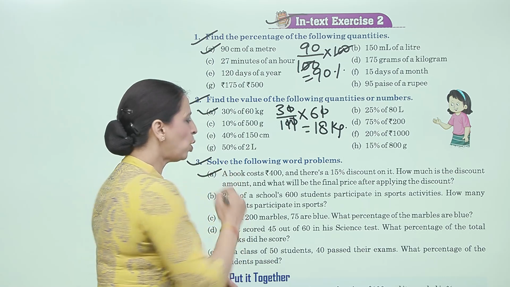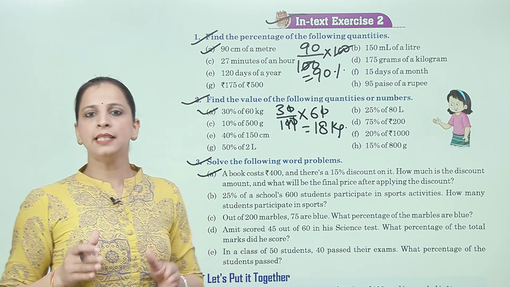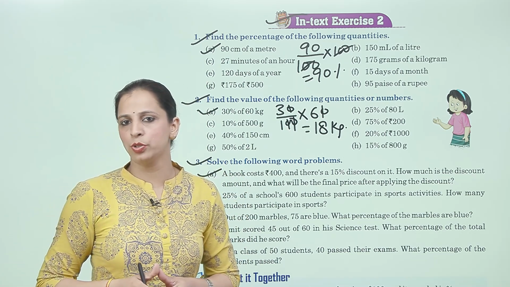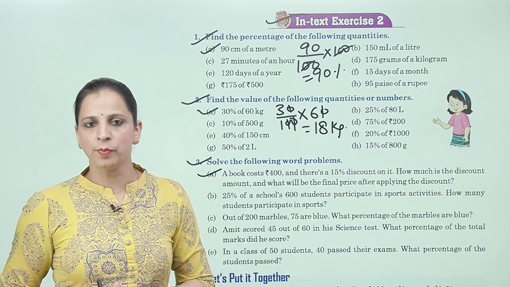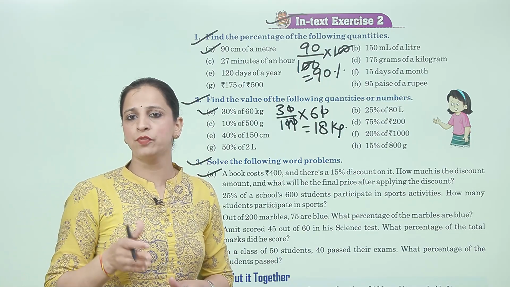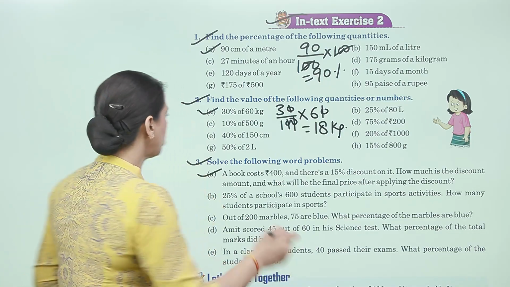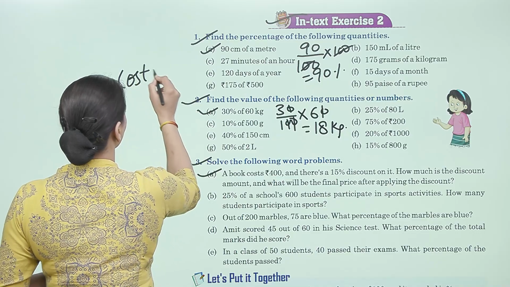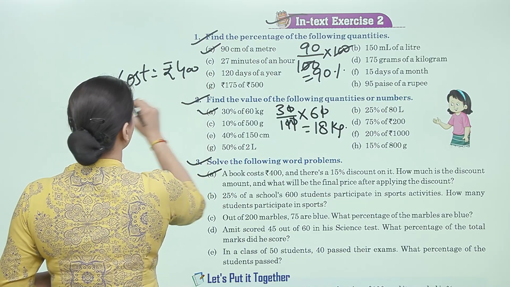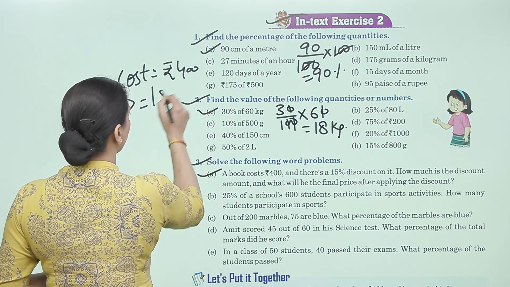A part, a book costs ₹400 and there is a 15% discount on it. How much is the discount amount and what will be the final price after applying the discount? So cost is ₹400. Discount is 15%.